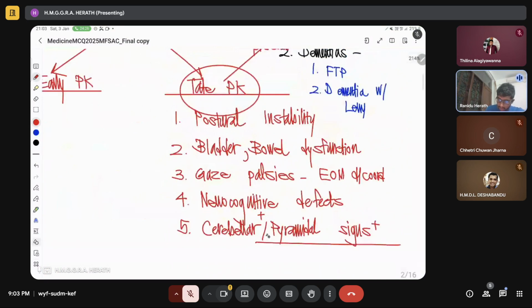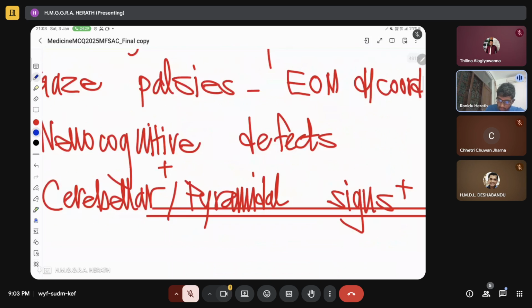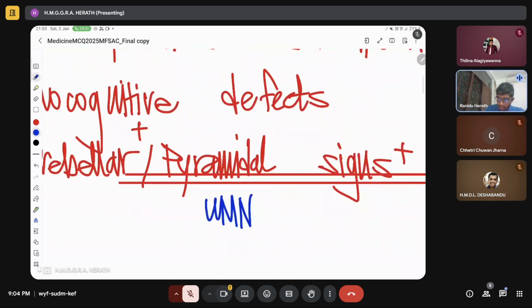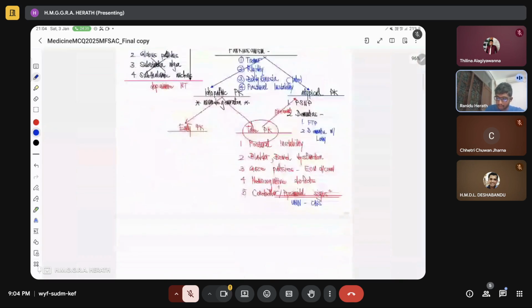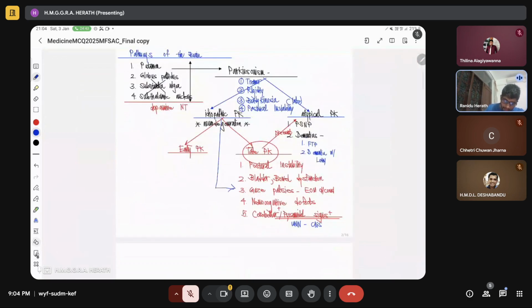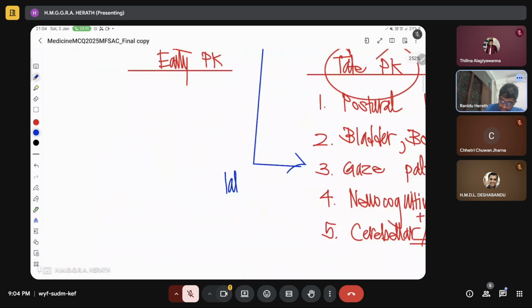What are the pyramidal signs? Upper motor neuron and lower motor neuron signs, especially upper motor neuron signs, because the Parkinsonism is taking place in the CNS. So all these things will come in idiopathic Parkinson's disease also, but at a later stage, right?